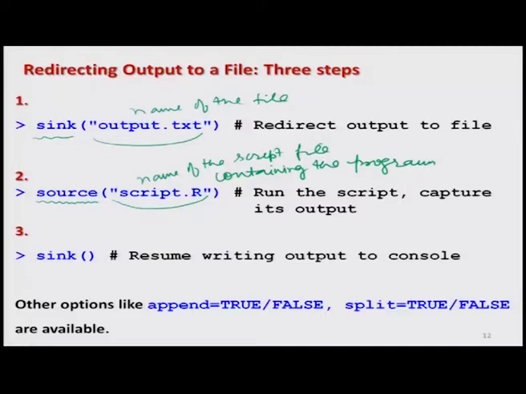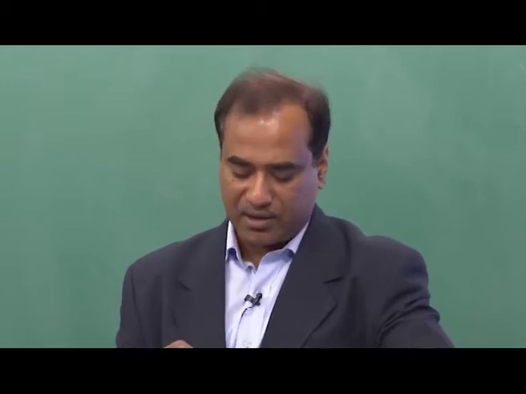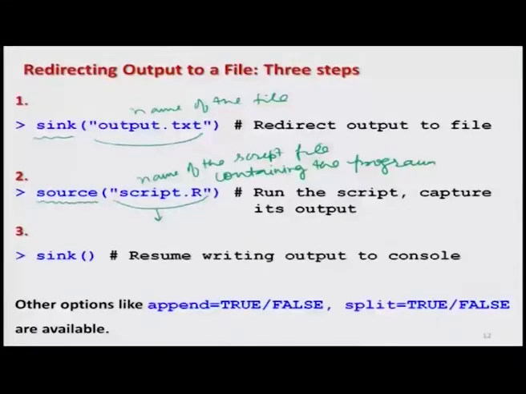That means, whenever we want to store the outcome, first I need to write my function inside the script file, and that script file has to be saved inside the working directory. The file which contains the function is specified here. The name of the file is mentioned here.